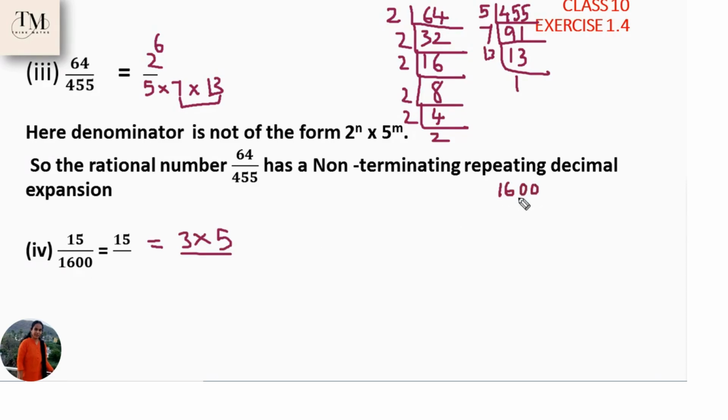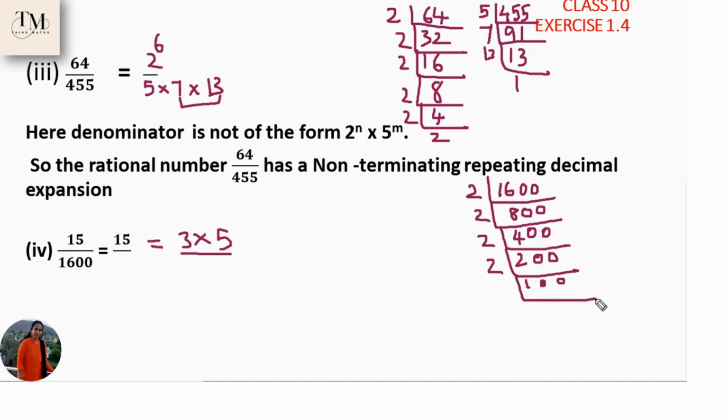I take the least prime, 2. 2 eights are 16, this 0 comes down; again 2, 4 twos are 8, so 0 0, 2, 200; again I take 2, 100; again 2, 5 twos are 10, 0.